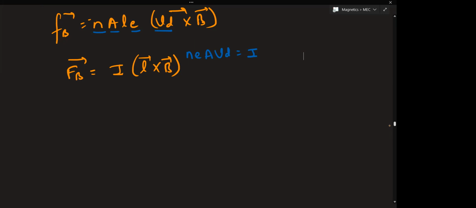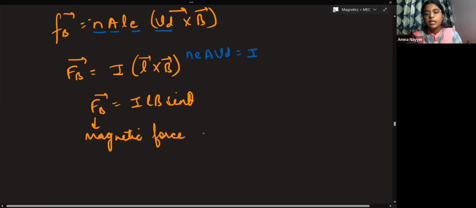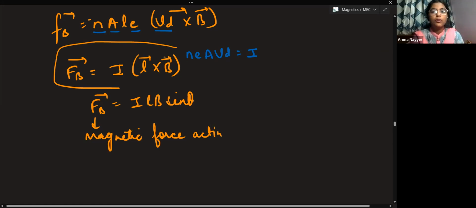So we can write this force as ILB sine theta as well. So this is the magnetic force acting. Basically, this is your formula. From here, you can derive all these things. Basically, this is the magnetic force acting on current carrying wire.